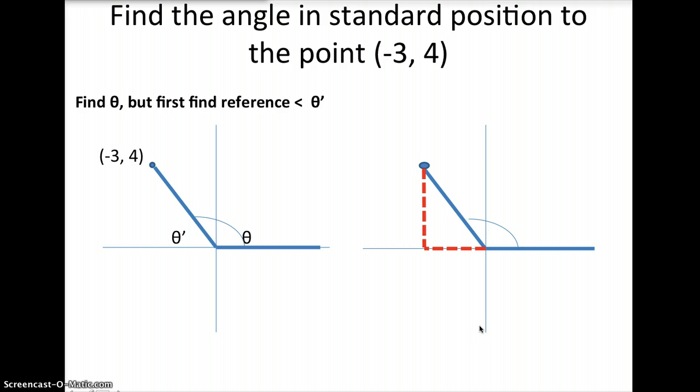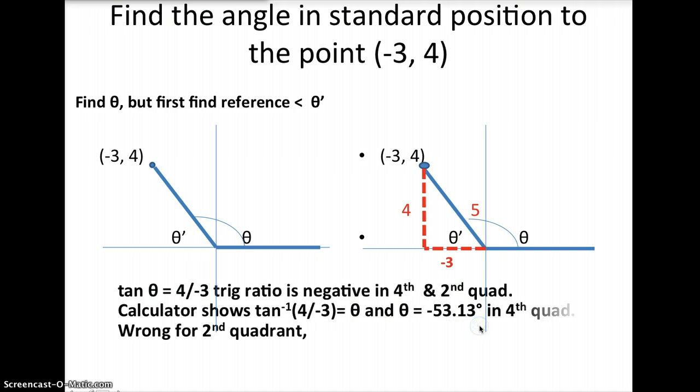Here's the same reference angle, and this time let's do tangent. Tangent is, with my same reference angle, 4 over negative 3. And tangent is negative in fourth and second. When I look it up on the calculator, tangent inverse of 4 over negative 3, I get negative 53.13, which is down here in fourth quadrant.